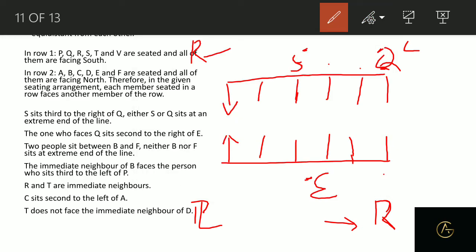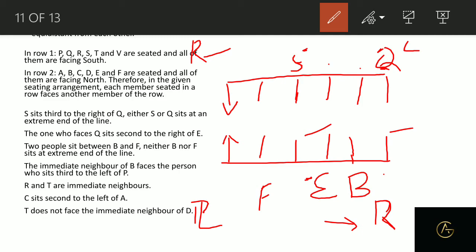Next, two people sit between B and F. Neither B nor F sits at an extreme end. So B and F will become here. Two persons sit between them. The immediate neighbor of B faces a person who sits third to the left of P. Immediate neighbor of B: this or this. Two possibilities.